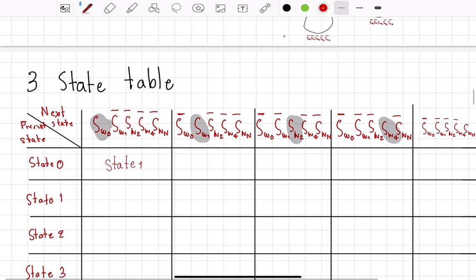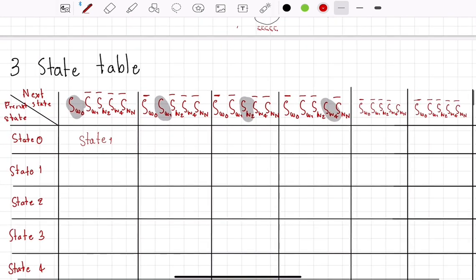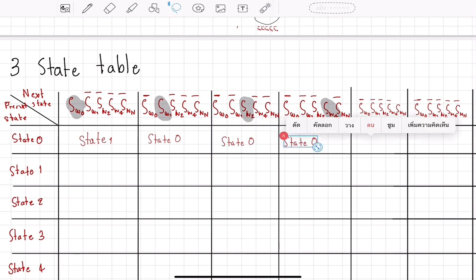Go to state 0. Sorry, I forgot state 0. Can I copy that? State 0, state 0, state 0, and state 0.